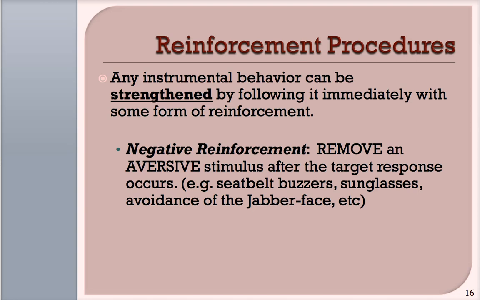Sunglasses. Are you a person that puts your sunglasses on in the spring or the summer when it's starting to get bright out? So do you put your sunglasses on when you go outside? Well, when you put your sunglasses on, you're removing glare, and so you're more likely to engage in sunglass wearing if you can remove that aversive glare.